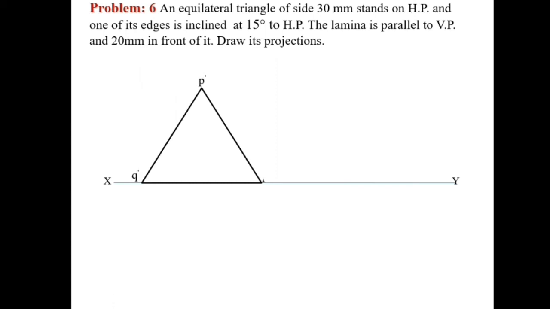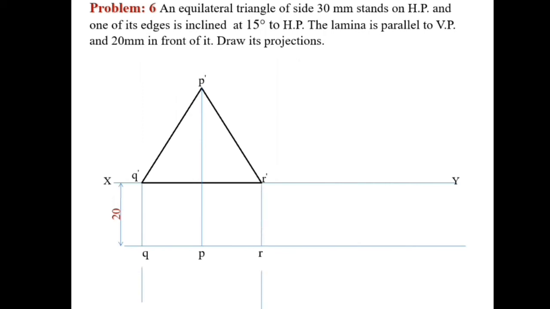So this is the front view, P dash, Q dash, R dash, and it is 20 mm in front of it, and you take 20 mm distance and you will draw a straight line parallel to XY. Then you will project all the points up to that line, and you will get our top view straight line. Then next, the second position, one of the edges is inclined to HP.